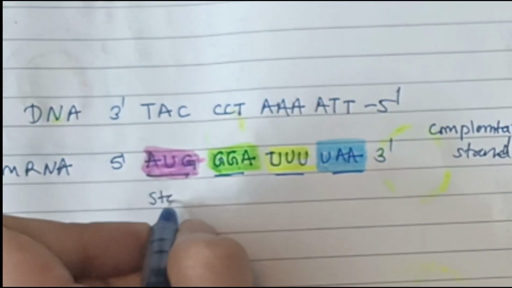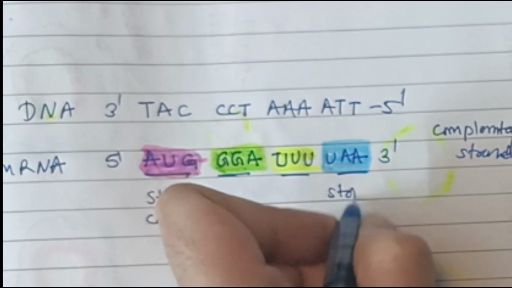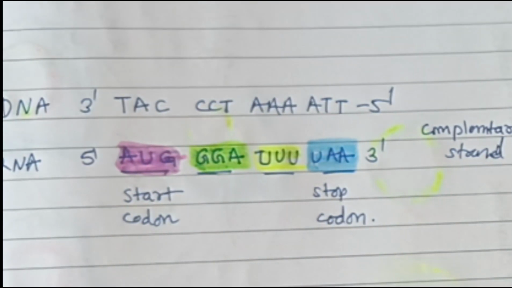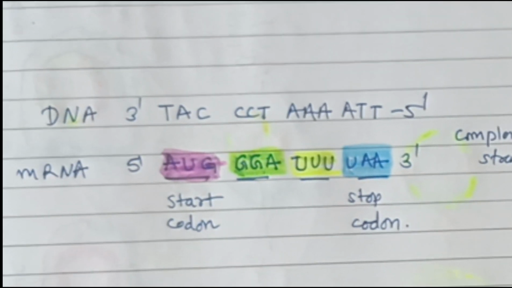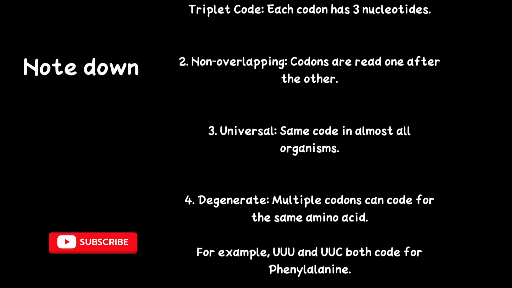It is universal: the same codon is used in almost all organisms. Degenerate means multiple codons can code for the same amino acid, for example UUU and UUC both code for phenylalanine. Unambiguous means each codon codes for only one amino acid.